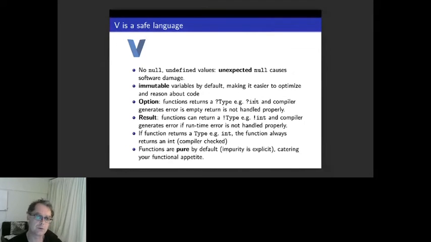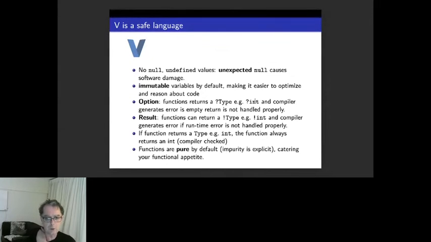There's also a result type, so a function can return exclamation mark type, for example, exclamation mark int, and then the compiler knows that there might be an error generated. So if a function returns a type, the function always returns that type, and the compiler checks for that. So that creates quite some safety.